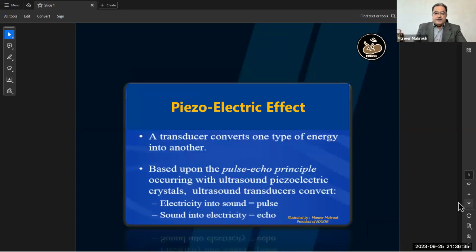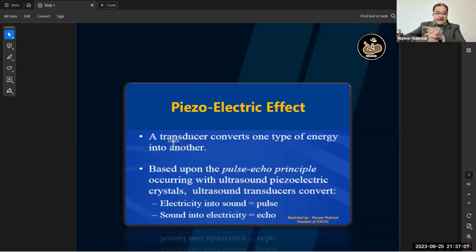How does it happen? You see, the transducer itself, you give it electricity by the cable connected between the machine and the probe. You are sending electrical current. By the tip of the probe, there are crystals.